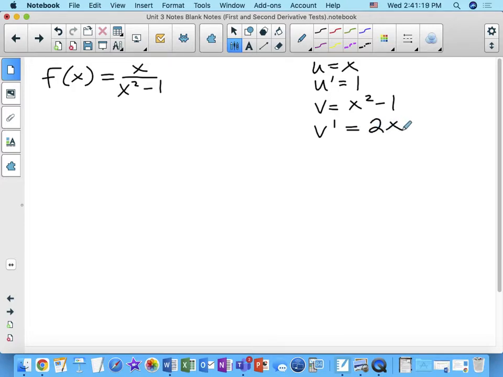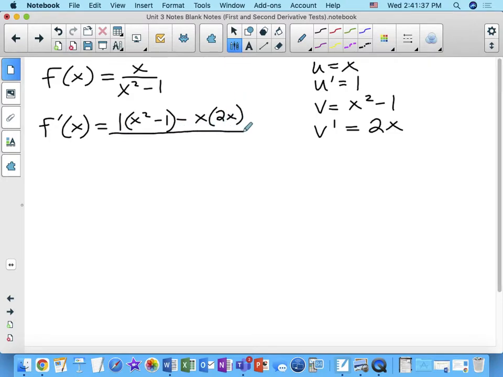So if we're looking at f prime of x, it's u prime v, so that's 1 times x squared minus 1, minus u v prime, minus x times 2x, over v squared, which is x squared minus 1 squared.